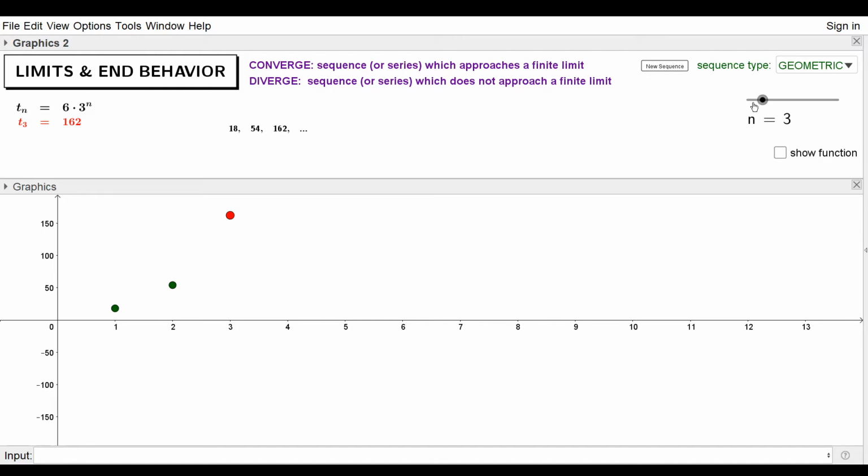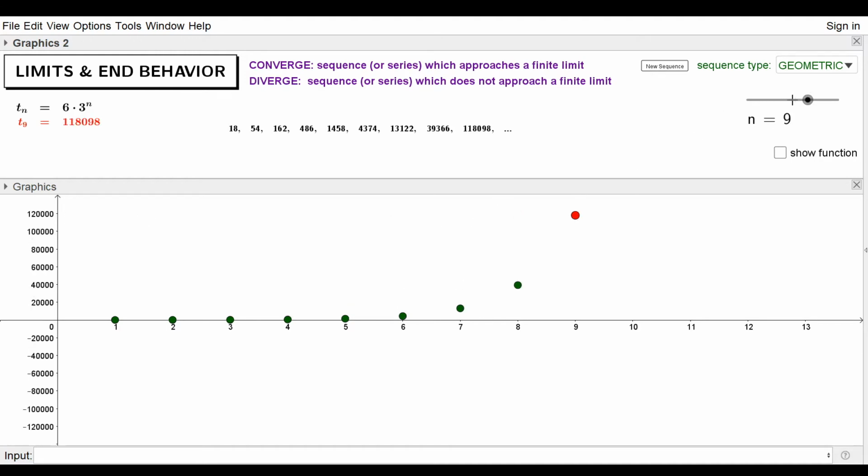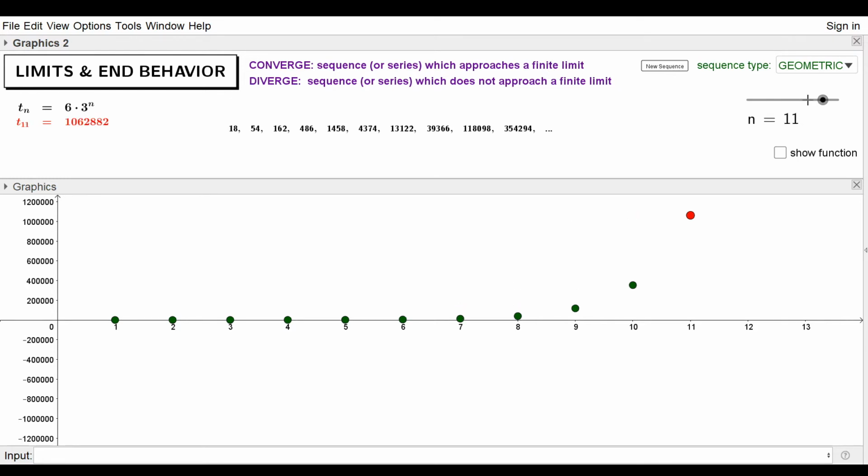If we just keep saying we're multiplying by 3 each time, you will notice that we're working our way upward. Now you have to pay close attention to the y-axis. We're already up into the 15,000s. As I keep going with this sequence, you'll see now I'm up to 120,000 over here on the side. So this is curving upward quite quickly, to the point where I think it's safe to say that this is a sequence that diverges.